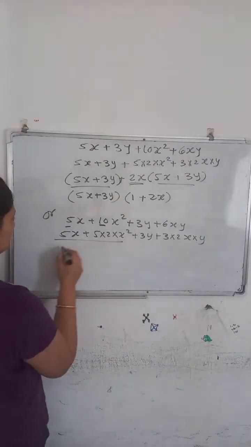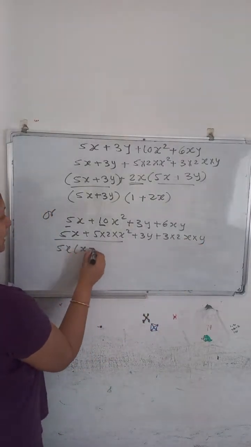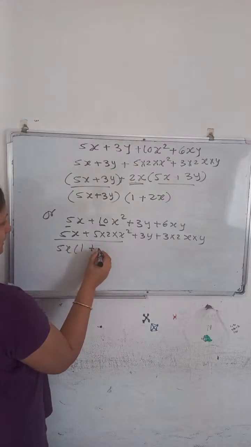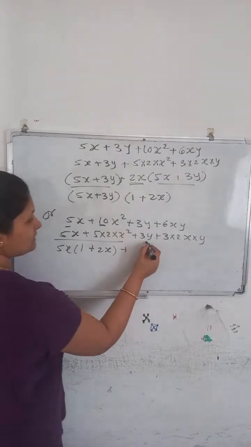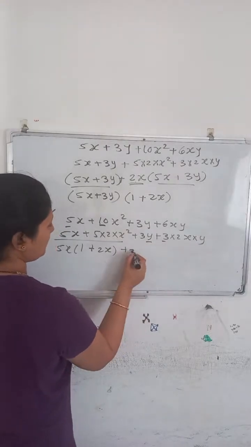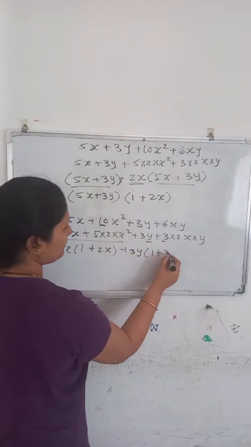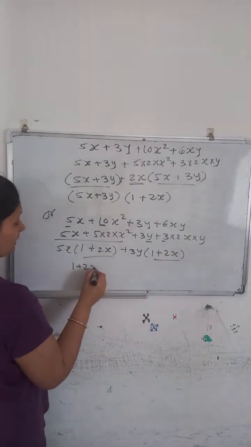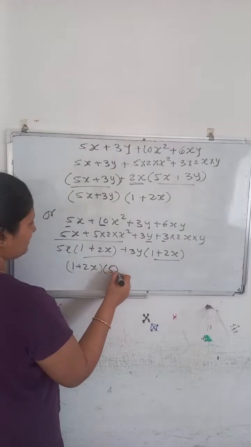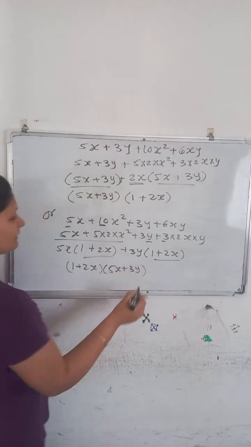Out of this you can take 5x common, 1 plus 2x, and 3y common, 1 plus 2x. So now 1 plus 2x is common, and the remaining 5x plus 3y.